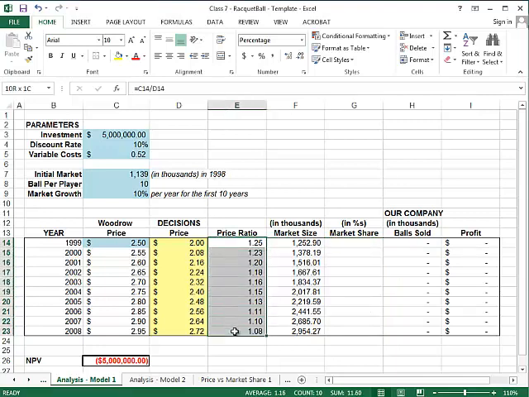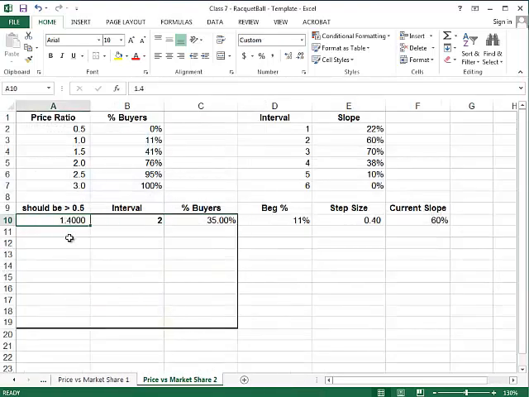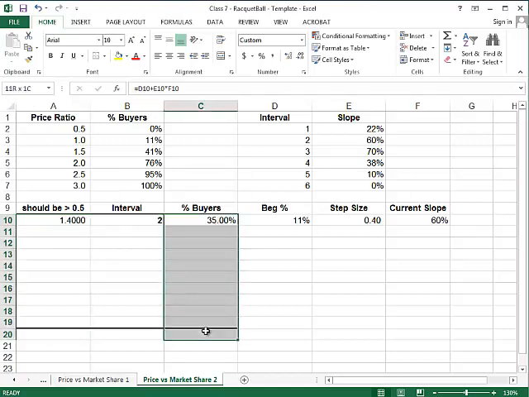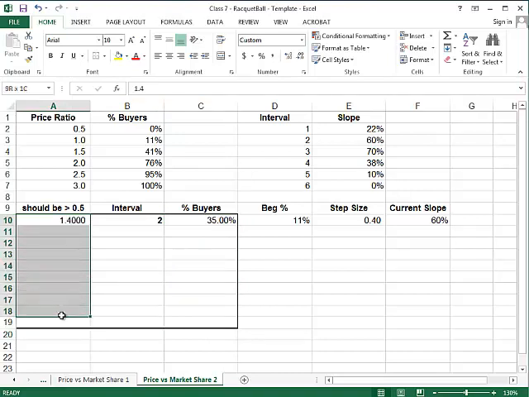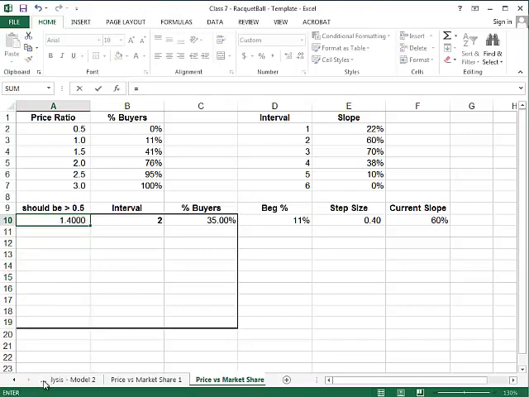So I have my price ratios here from 1.25 to 1.08. If I can put the price ratios here, then I'll be able to get the market shares here. So what I'll do is I will have a cell reference from A10 through A19 that links to my model.